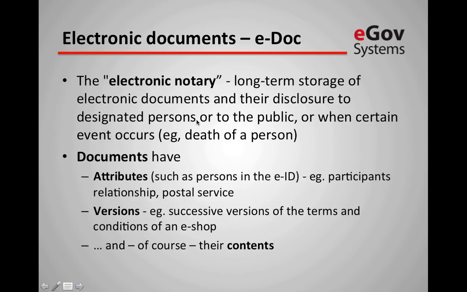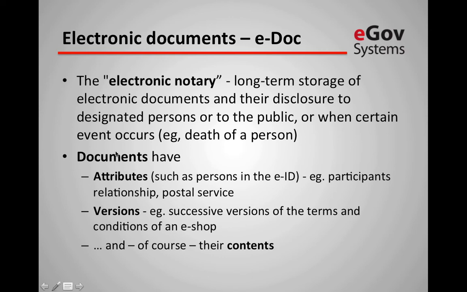Oh, okay. Electronic documents is a kind of electronic notary. That means it's a storage of electronic documents on the internet with guaranteed contents and timestamp when they have been published, and the disclosures to designated persons or to the public. That means if I tell that this particular document will be accessible only to my family, only my family will be able to access this document, and nobody else.